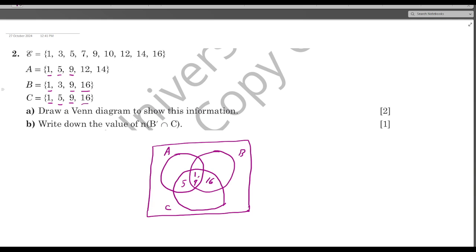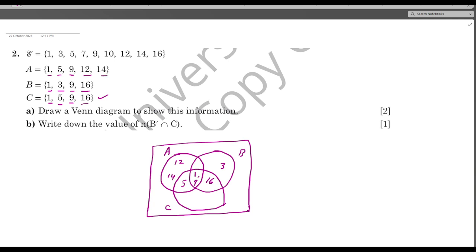Then 3, and yeah, so C, everything is included from C. Done. Now in B I have 3, so I will write 3 here. In A I have 12 and 14 remaining, so I will write 12 here, 14 here.